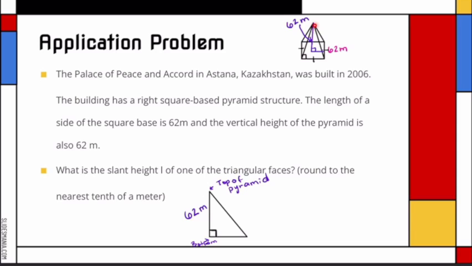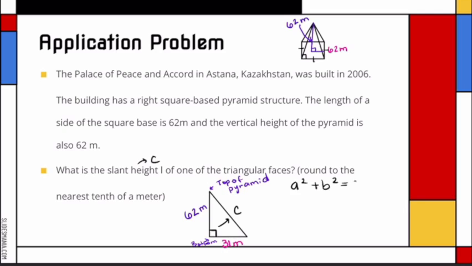So if I draw a right triangle to figure out what that slant height is, I'm going to divide 62 by 2, because this height is going right through the middle, which means the bottom side here is actually going to be 31 meters instead of 62, okay? And now we're trying to figure out the slant height, which is C in our right triangle. So now we use Pythagorean theorem.